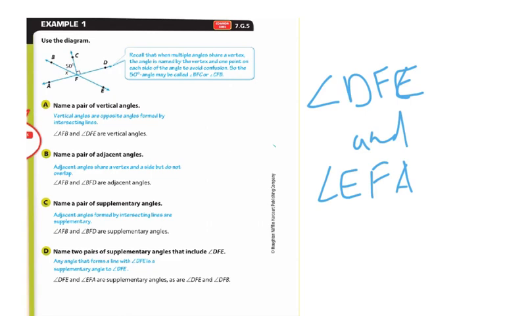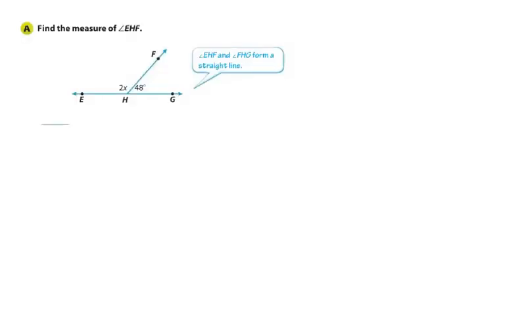So you'll have to look around and see what we can use. This one wants us to use DFE, and so we could either use this angle or that angle. You have a couple of options, and that's exactly what they did there.